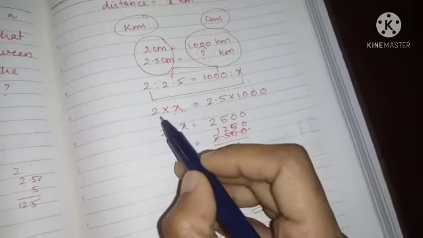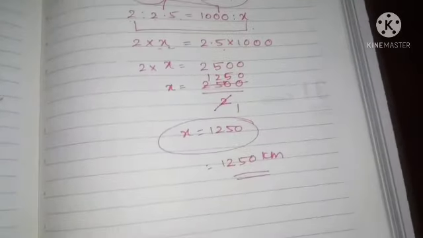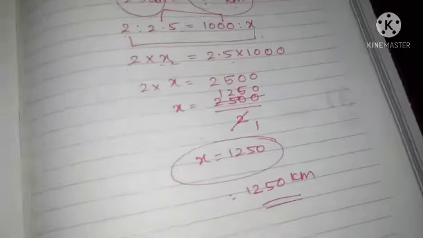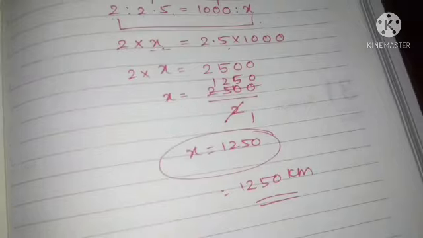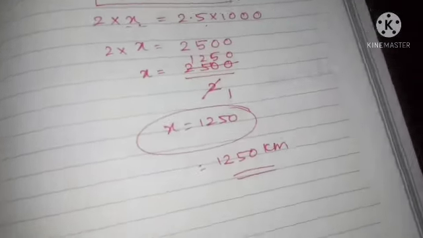I want x alone, so I am bringing this 2 to the other side. So cancelling it, I got the kilometer value, 1250 kilometers. So for 2.5 centimeters, we are actually getting 1250 kilometers.